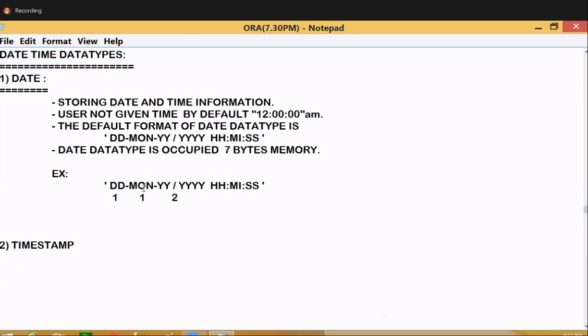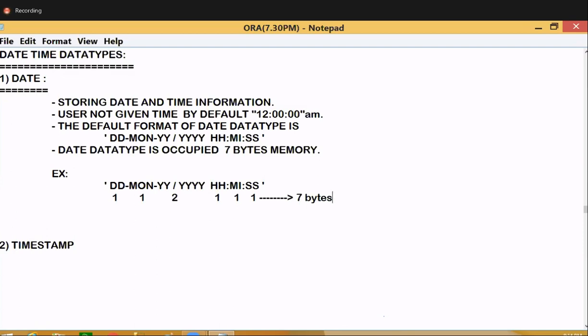Either you can give YY or YYYY, but 2 bytes are taken. Then the hour takes 1 byte, minute 1 byte, second 1 byte. So total, 1 plus 1 is 2, 2 plus 2 is 4, 4 plus 3 is 7 bytes of memory.